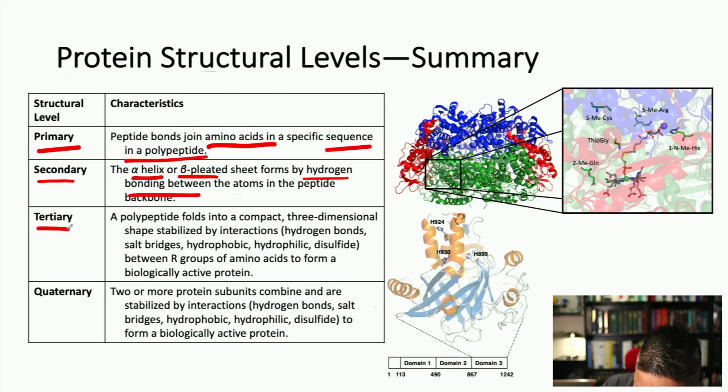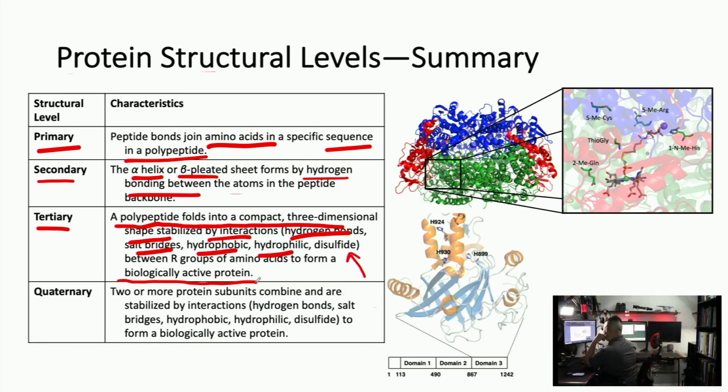At the tertiary, we have the three-dimensional structure of the polypeptides as they fold into compact three-dimensional shapes that are stabilized by the non-covalent interactions like the hydrogen bonds, salt bridges, hydrophobic interactions, and the hydrophilic interactions, and the covalent bond interaction, which is the disulfide bond, right? This is important. I didn't even say this before. This is what forms the biologically active protein. That's important.